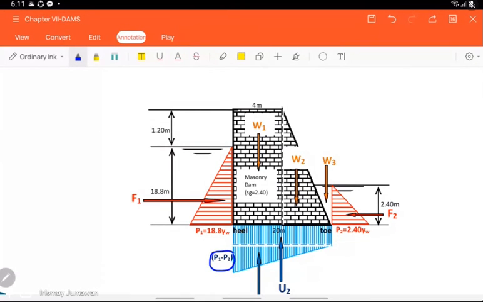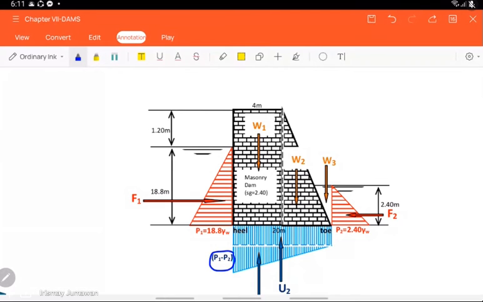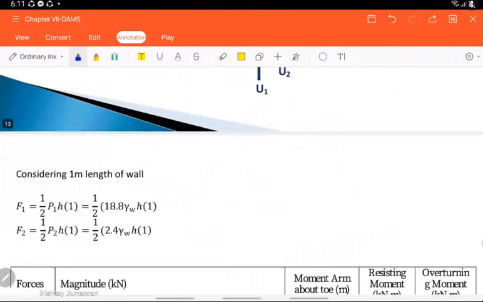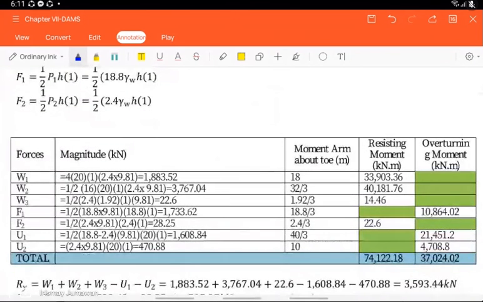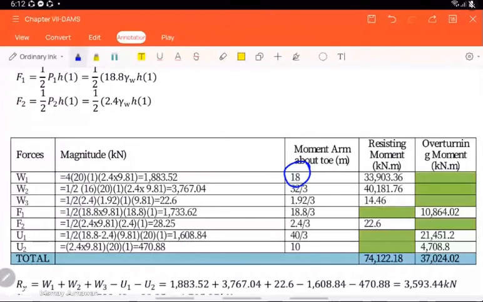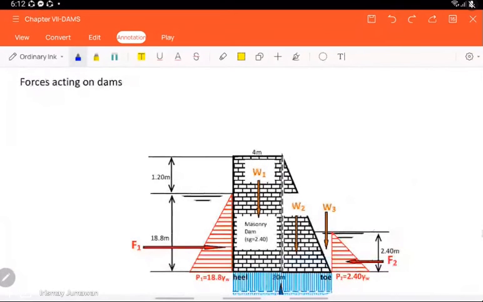This one is just the difference of E1 minus E. So tabulate the data to assess your solution, so you can see where you made a mistake, either in the moment arm or in the computation of the weight. Be careful with the weight, because the weight here is of water.